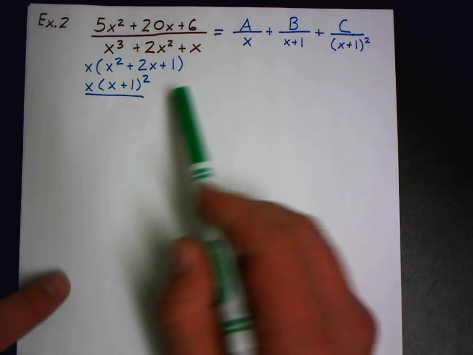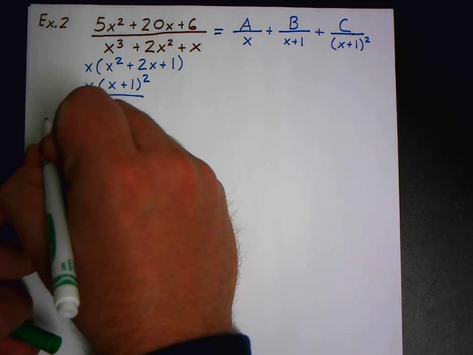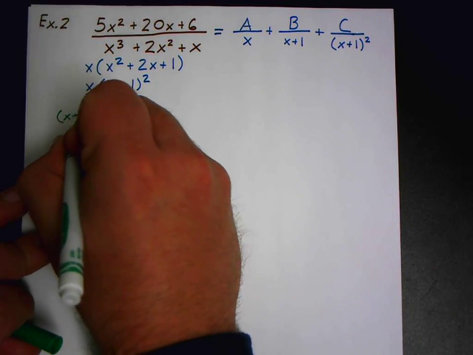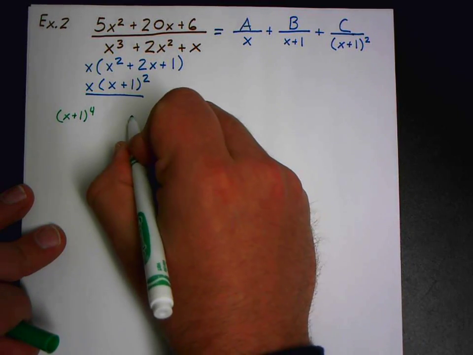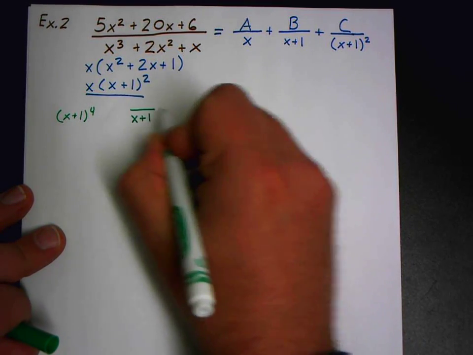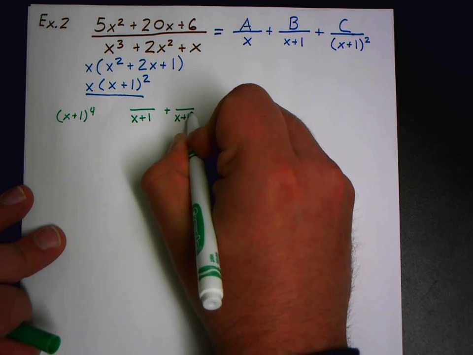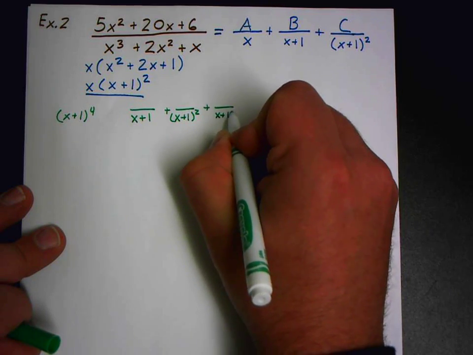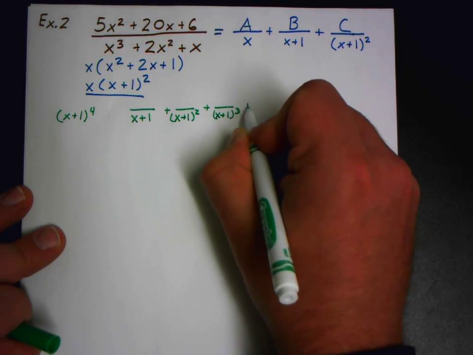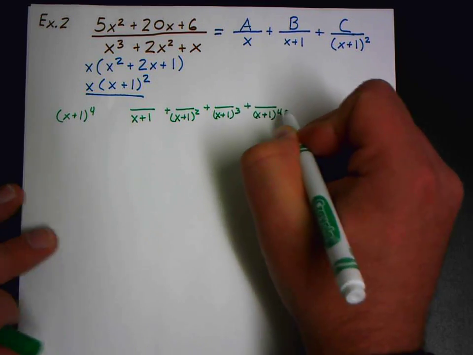Yeah, anytime you have a power, so if I had something like this, I would write it down like this: x plus 1 squared, x plus 1 cubed, x plus 1 to the fourth.